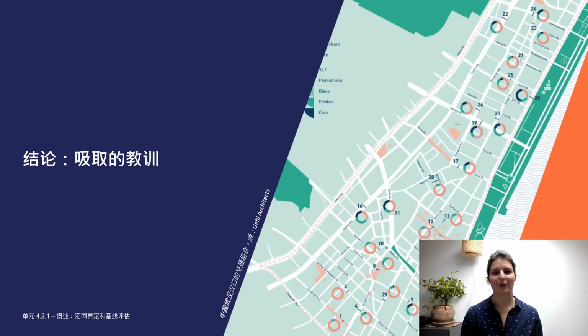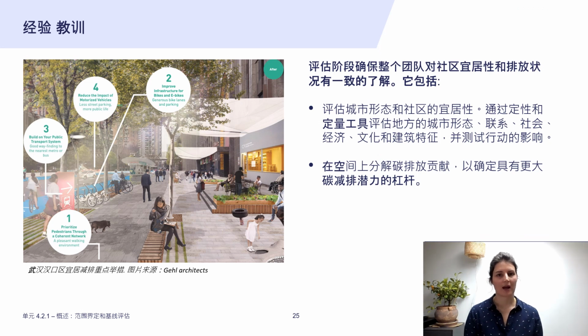We have now reached the conclusion of this unit. Our key message is that the assessment stage ensures the whole team has a consistent understanding of the neighborhood livability and emissions profile. The needs, capacity, resources, and ambitions of the project might lead to prioritizing some types of assessments over others.